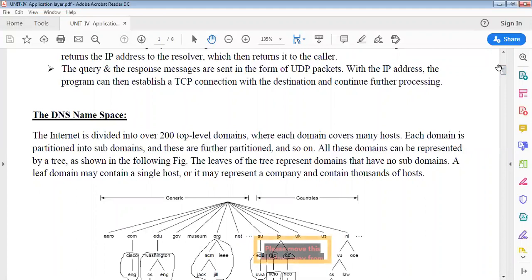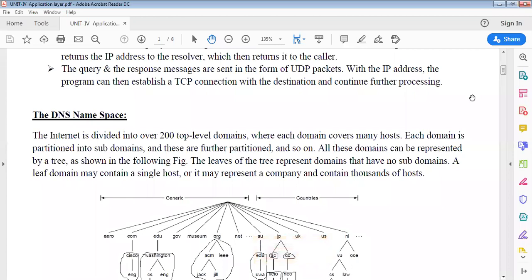If after 2 months or 2 years it changes the IP addresses, you would need to give all your users the new IP address to type in. That is very difficult. Even if you change your IP addresses, your domain name is going to remain the same. That's why domain names are very important compared to IP addresses.